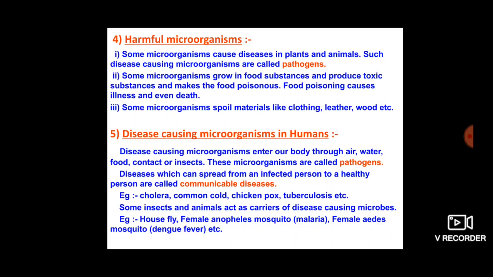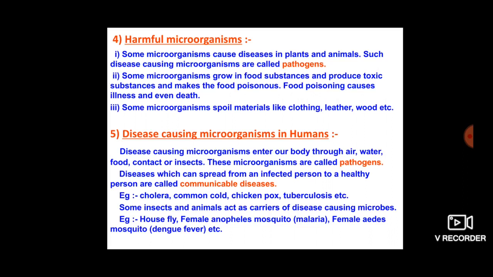These microorganisms we call pathogens. And one more thing, children. Some diseases spread from one person to another person. This is what we call communicable diseases. And some diseases cannot be transmitted from one person to another. Those we call non-communicable diseases.